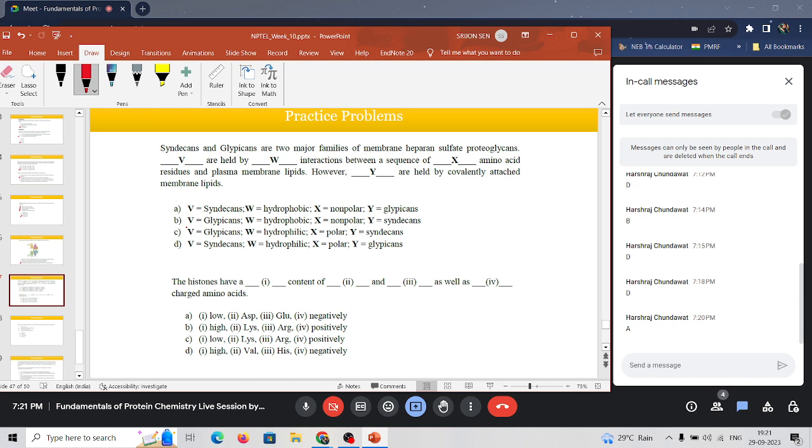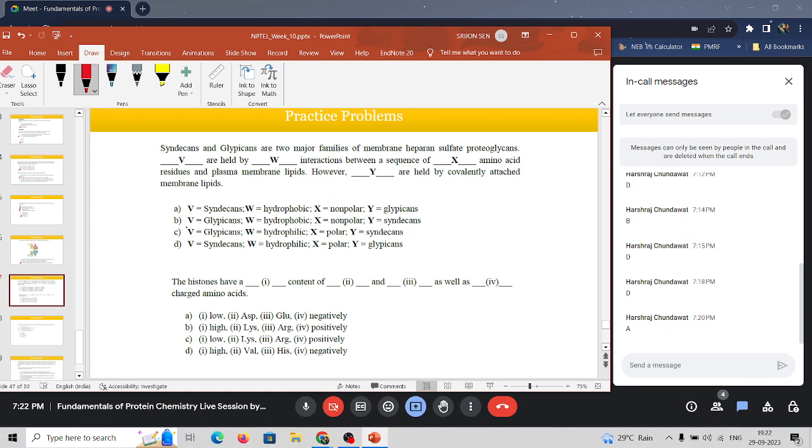And syndecans function as co-receptors with the growth factors or adhesion receptors, and it tunes different signals that are transferred across the cells to the cytoskeleton or the cytoplasm mediators, and affects the activation of different signaling cascades.